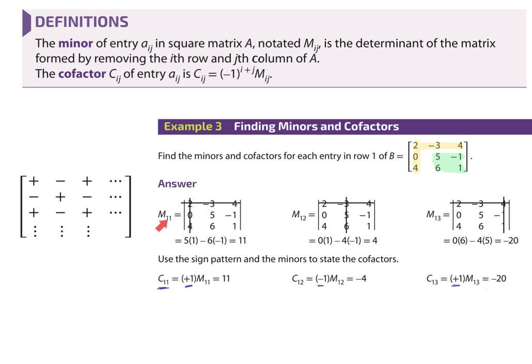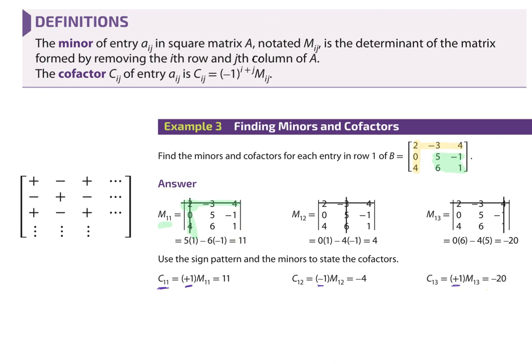Here they tell me the position, 1, 1. I find that position, and I ignore the row and the column of that position. I take this 2 by 2 that's left over and do that determinant: 5 times 1 minus 6 times negative 1. The minor of the position 1, 1 is 11.